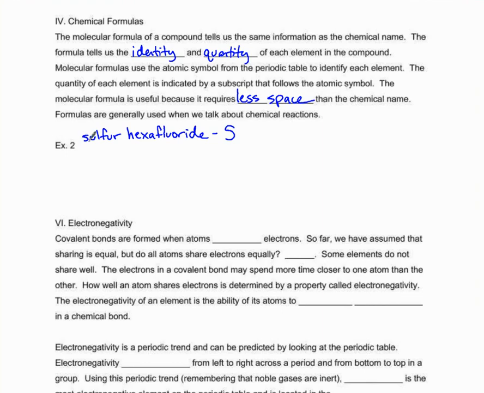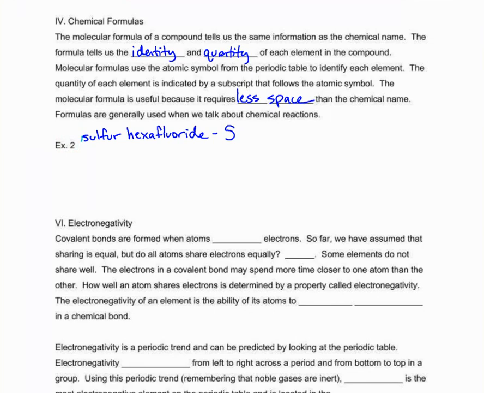And remember, when it comes to chemical formulas, chemical names, if the first element would have the prefix mono, we just leave it off. So I'm going to remove this.